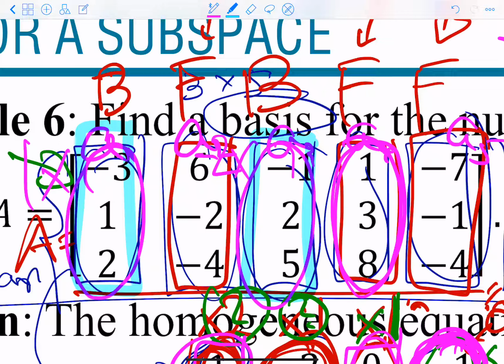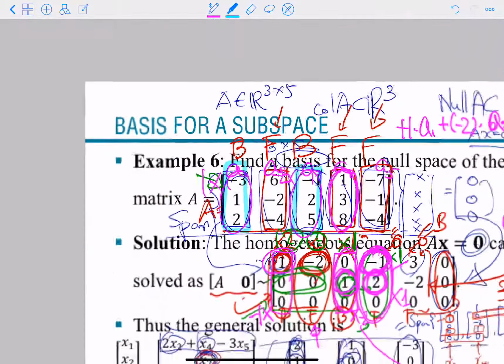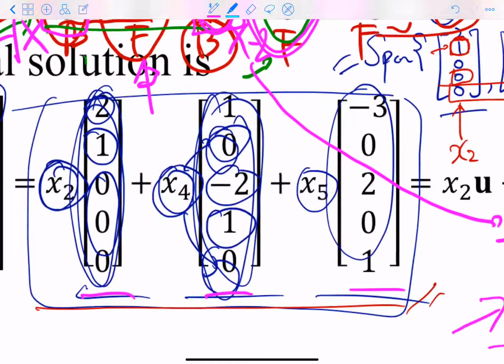And then now let's consider the dimension of the null space. Although we do not know the particular basis vectors for the null space, at least we can say the number of basis vectors that we will obtain, which is the number of free variables, right? For each free variable, we will have one particular vector associated with it, and we already understood that they are linearly independent of each other, right?